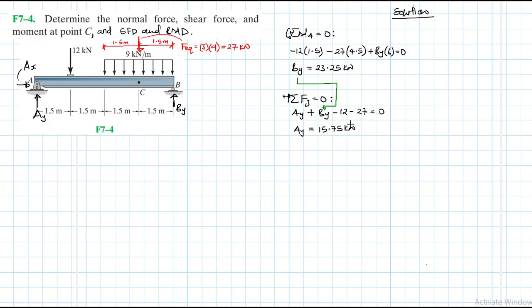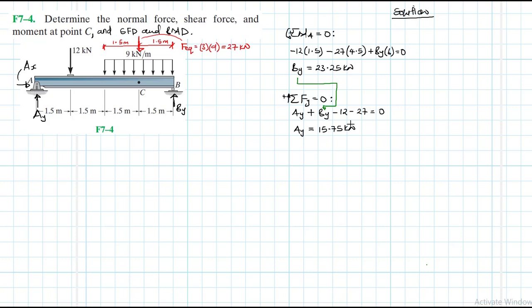Let me just check it again. Okay, right. So 23.25 minus 12 minus 27 is 15.75. Okay, so this is fine.